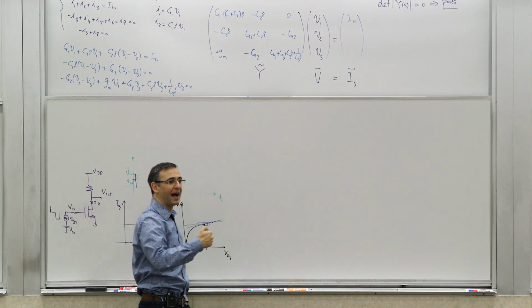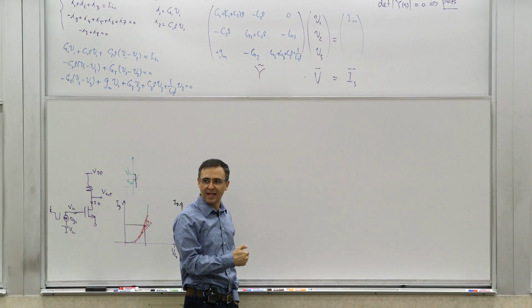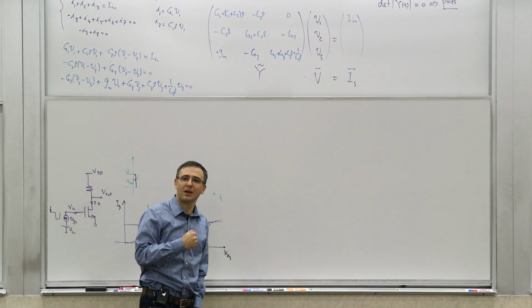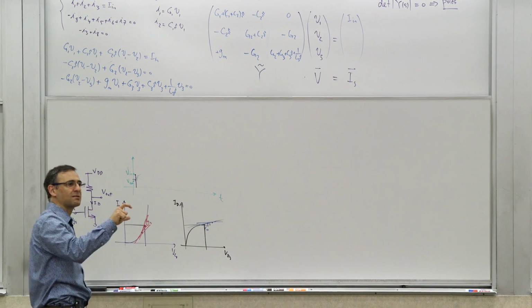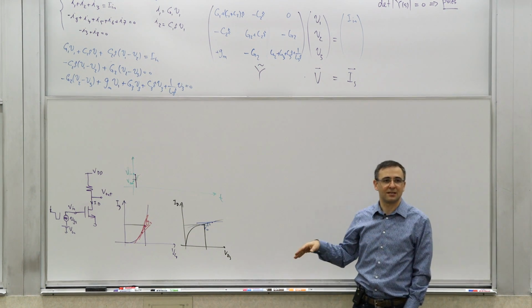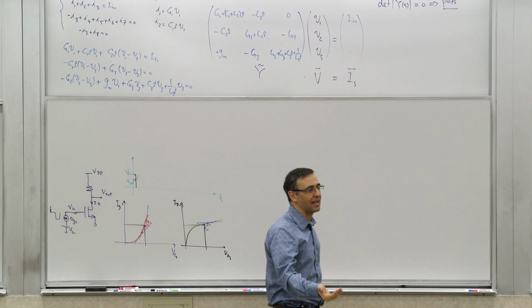Well, you take a step back, you take a smaller step. And if that's still too big, you take a step back, you take a yet smaller step, till the simulator reaches the maximum level of change that you're permitting, and then it maintains a certain level of accuracy. So that's what we call a transient analysis.